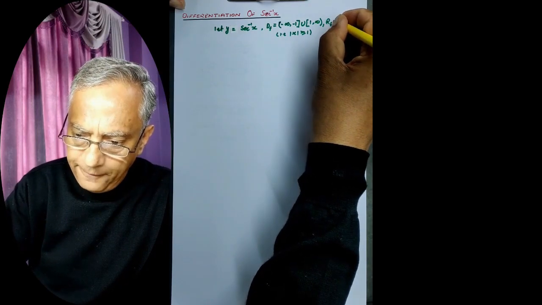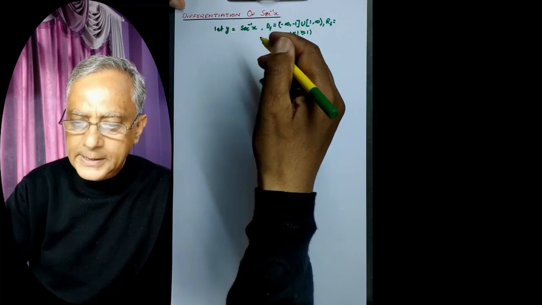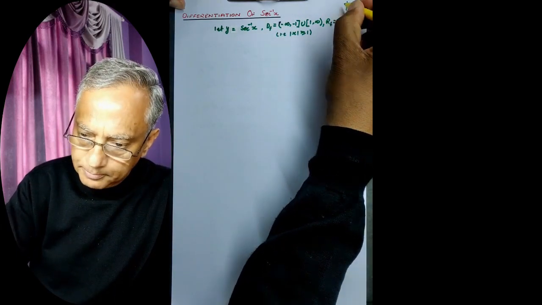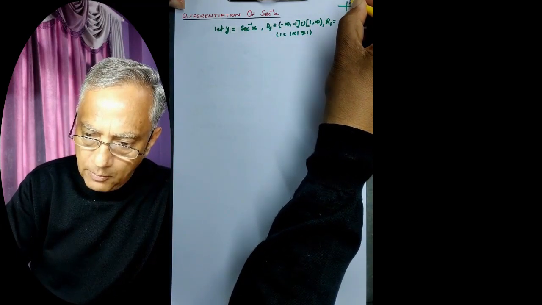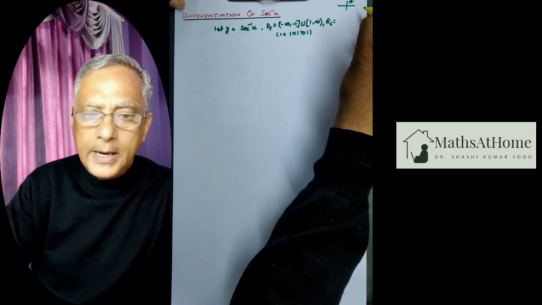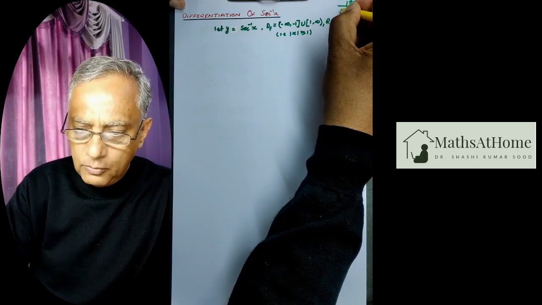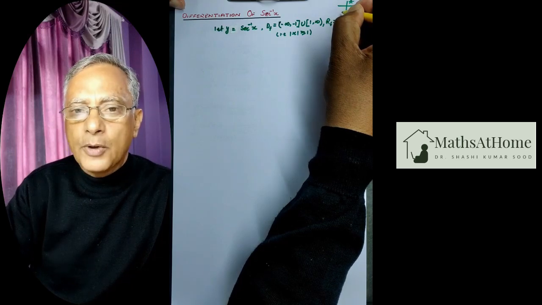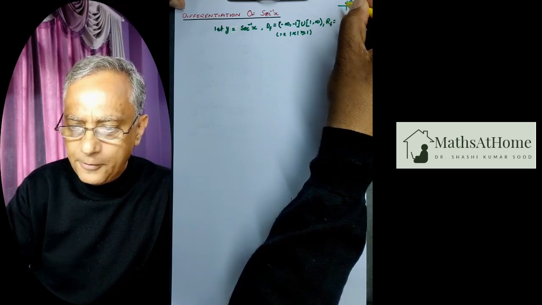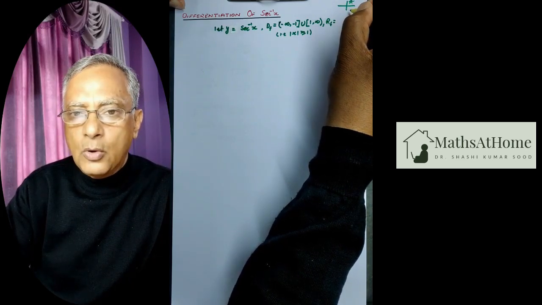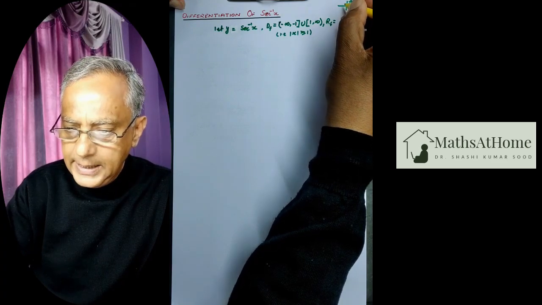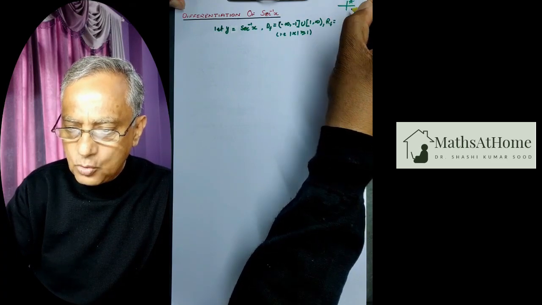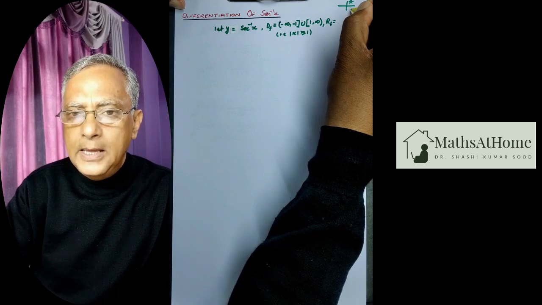And range of f is, now positive values are taken from first quadrant, and this quadrant does not appear in the range of any of the inverse trigonometrical functions. So we are left with the second and third quadrant. Now secant is negative in this quadrant and positive in this quadrant.